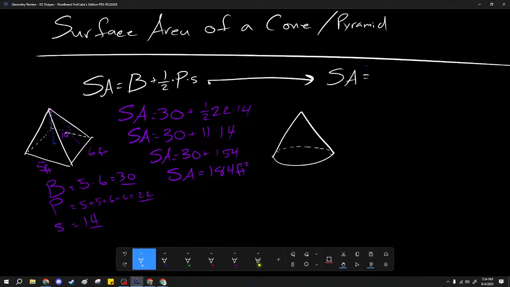Area of the base is still first, our capital B. Area of a circle is pi r squared. So capital B becomes pi r squared. Plus 1/2 the perimeter. Well, we don't use perimeter when it comes to circles. We use circumference, capital C, times the slant height.